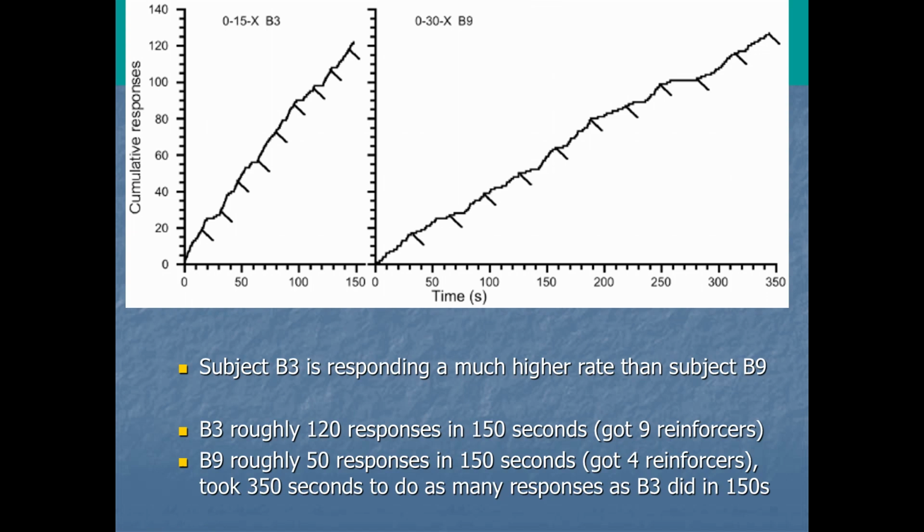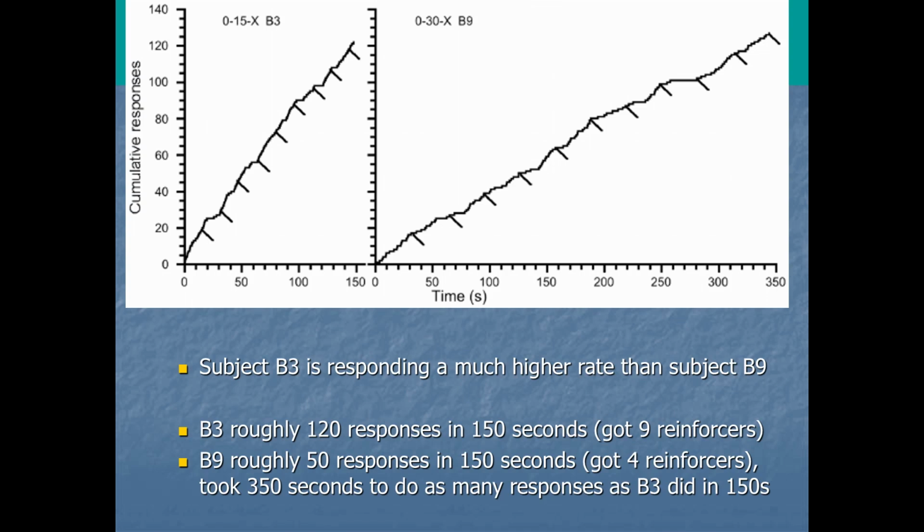It did roughly 50 responses in that same time frame of 150 seconds. So that's way fewer responses, and only got 4 reinforcers in that time frame. But then it took 350 seconds to get all the way up to 120 behaviors. So we might then ask, why? Why did one bee respond so much faster than the other?